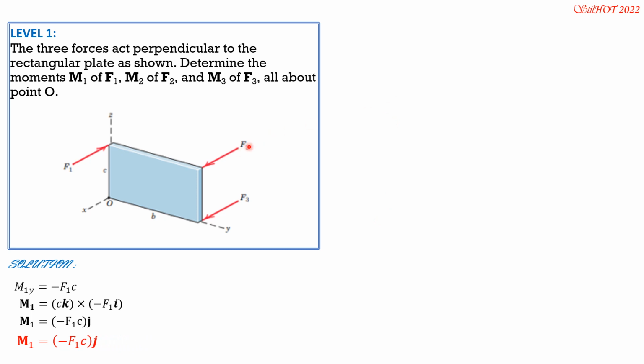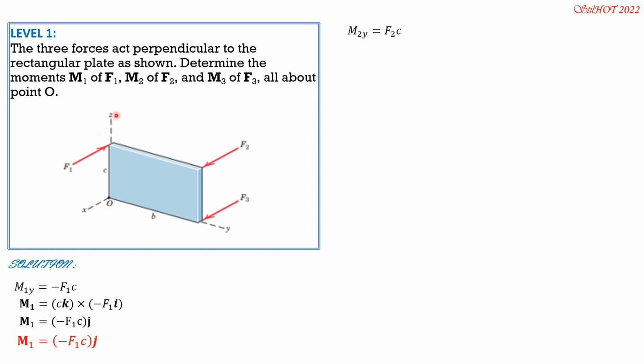Now how about the moment of F2 about point O? About OX, it's 0 again because it is parallel to OX. About OY, your right thumb towards the positive y-axis, your forefingers will be curling in this sense, which is the same moment as F2. So it is positive F2 times C. So M2Y is F2C.